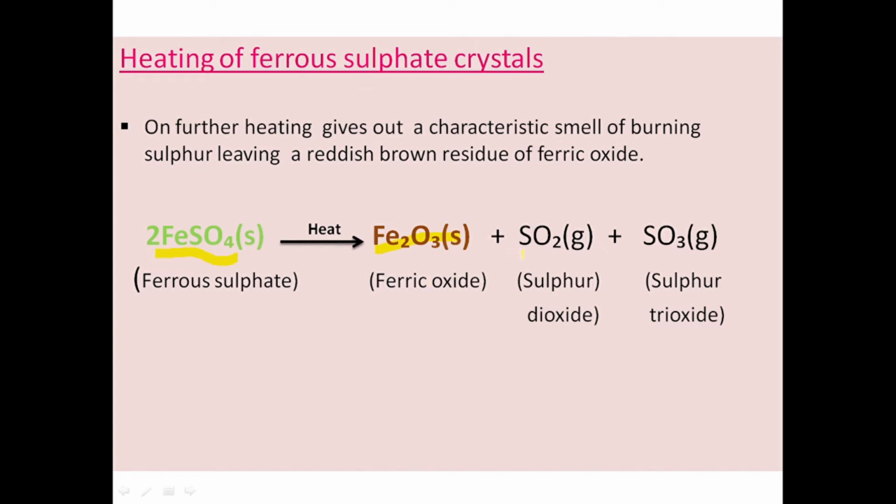Also two gases are evolved during the reaction. One is sulfur dioxide and the second one is sulfur trioxide. These gases are liberated and the sulfur dioxide gives that characteristic smell of burning sulfur.